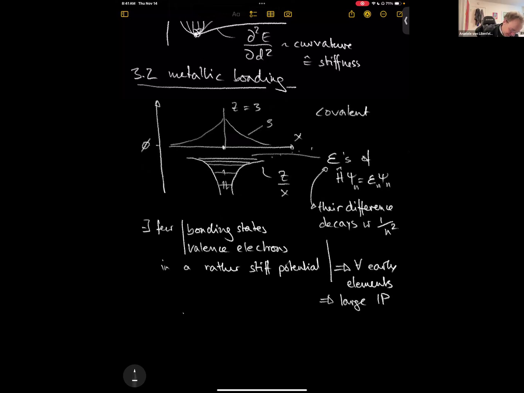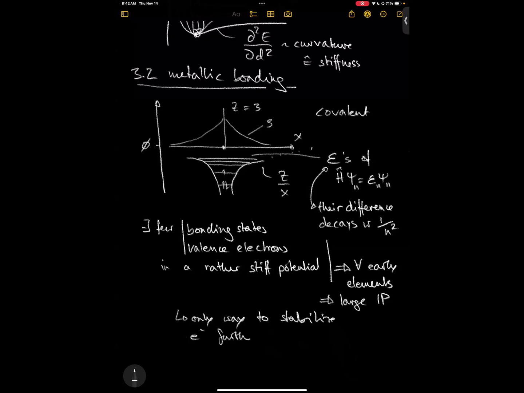So the only way to stabilize electrons further are highly directed bonding orbitals.